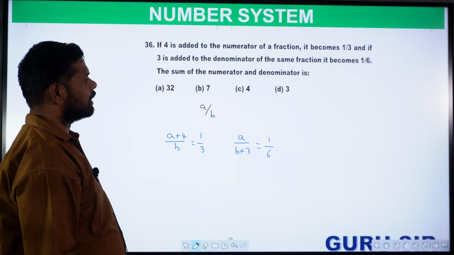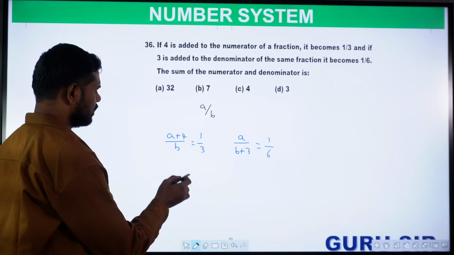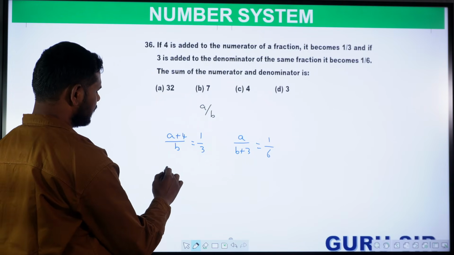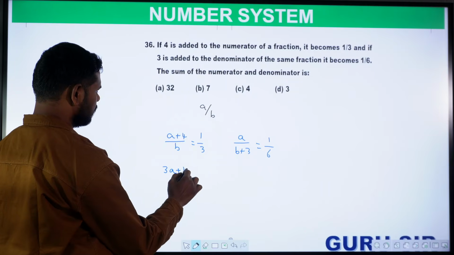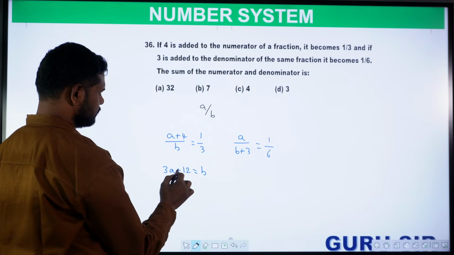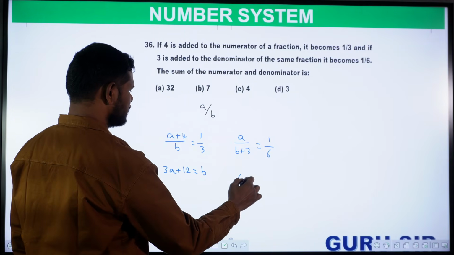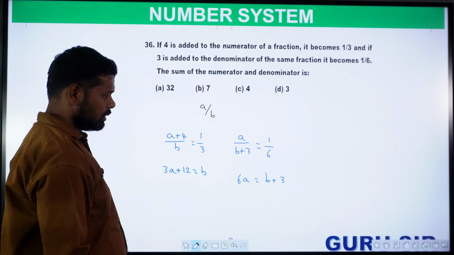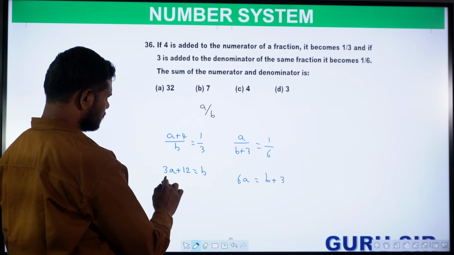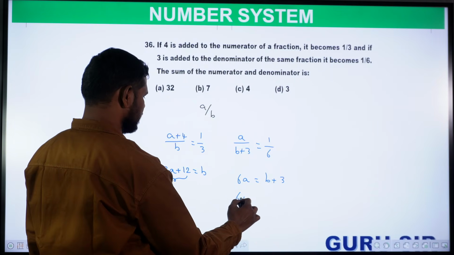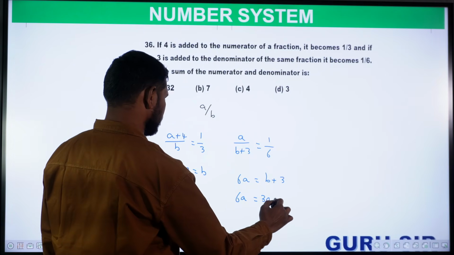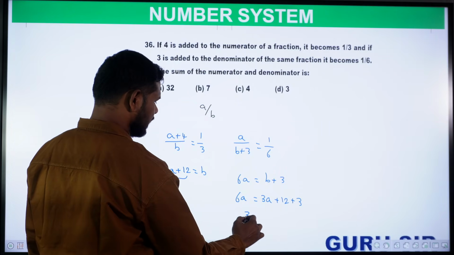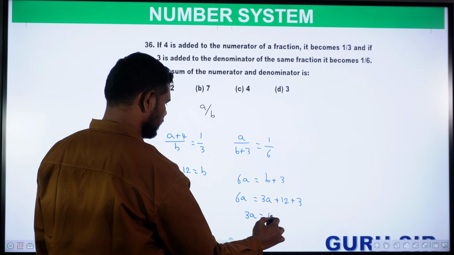Sum of the numerator and the denominator is how much? By cross multiplying, 3 into A, 3A plus 3 into 4, 12 equals B. Clear here? 6 into A, 6A equals B plus 3. Substitute this B value as 3A plus 12. 6A equals 3A plus 12 plus 3. 6A minus 3A, 3A equals 15. A equals 5.